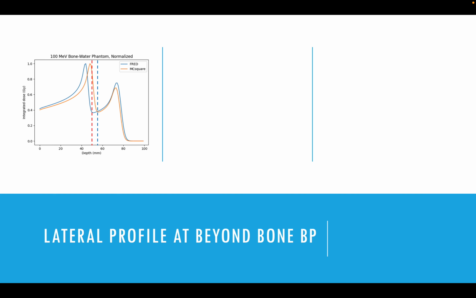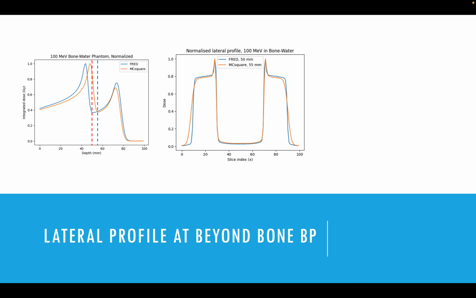And then just after the Bragg peaks, that is almost R80 values of those doses in FRED and MC square, I get this profile which agrees almost completely except for this part, which again I have to analyze.